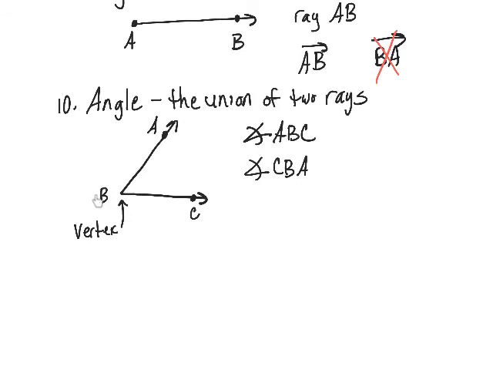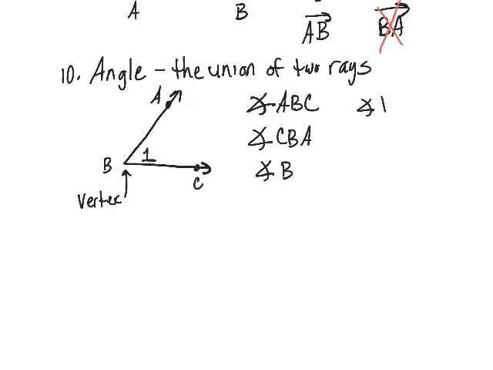Also, since this is the only angle that I see in the picture, I can also just call it angle B. And then sometimes we'll put a number in the middle, and we can call it angle 1. We do that a lot in our proofs when we start labeling angles because it's faster and more efficient than the 3 letters.